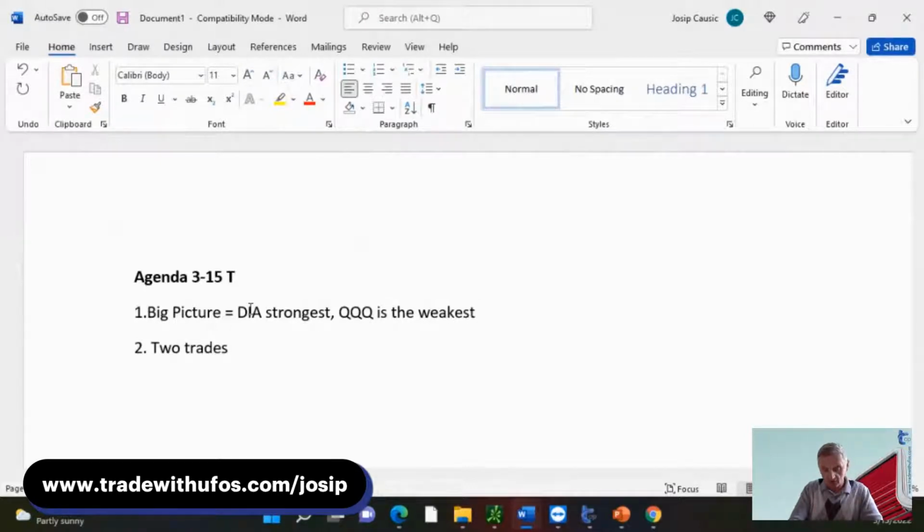So that means if I'm going to hit something bearish, it would be QQQ. If I'm going to go bullish, I should go bullish on Diamond, or the Dow Jones Industrial Average, which has 30 stocks, but not too many of them are technology, because obviously the technology sector is being beaten down pretty badly.